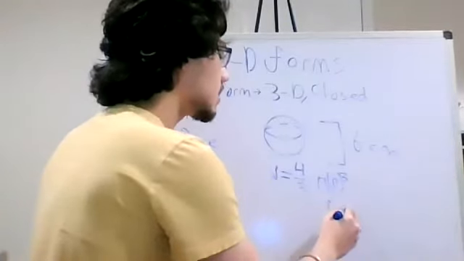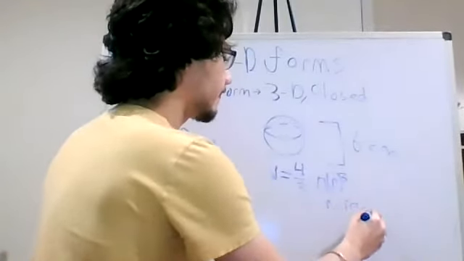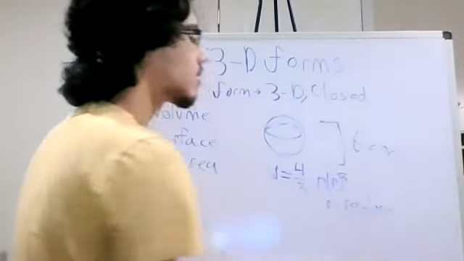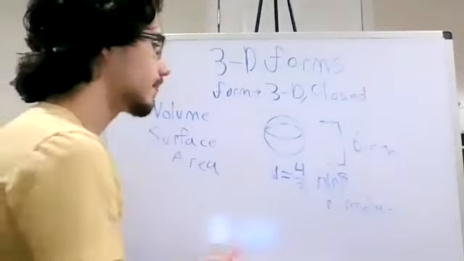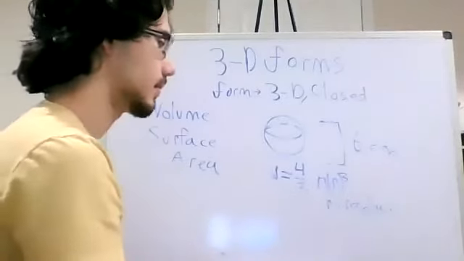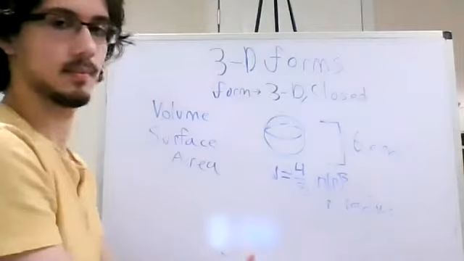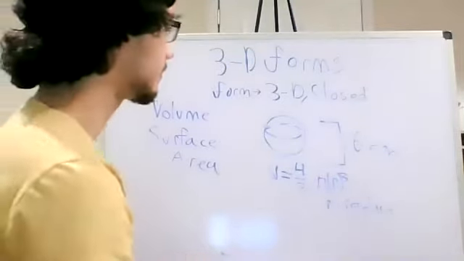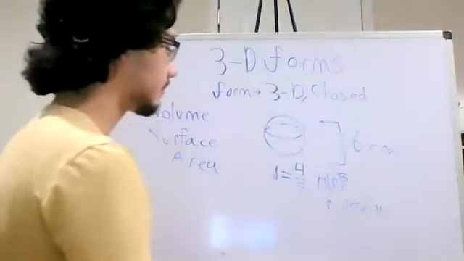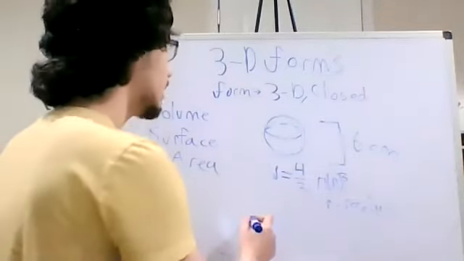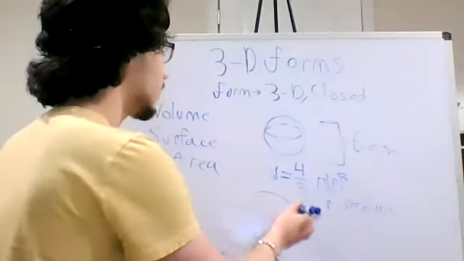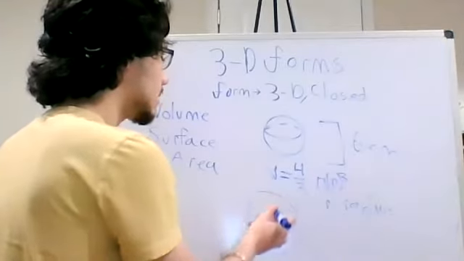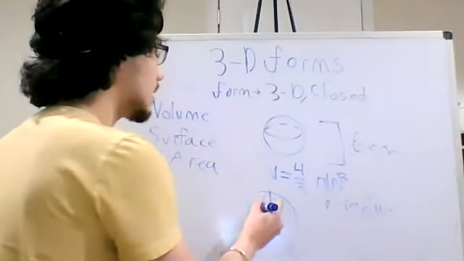So r is radius. Can you describe to us what radius means? It's a line that starts from the middle and ends at the circumference of the sphere. Very good. So if we look at our sphere from the front side, the radius is from the center to the circumference. That is r.